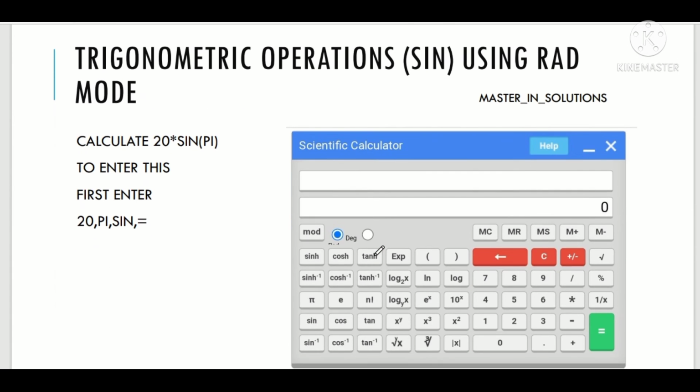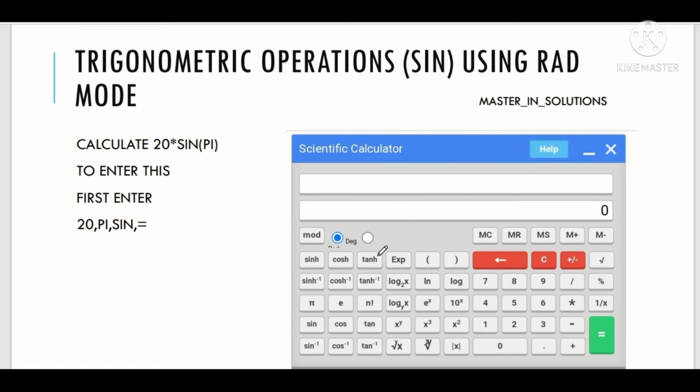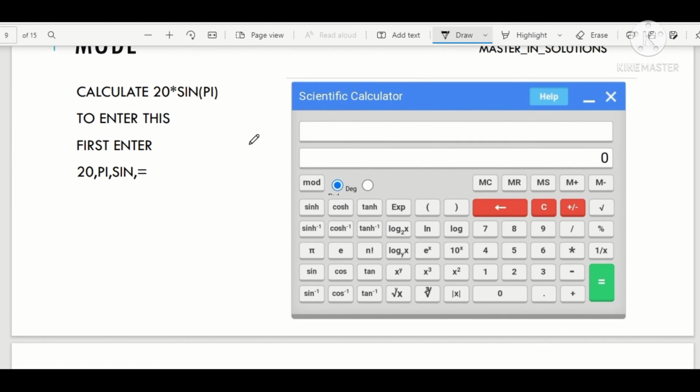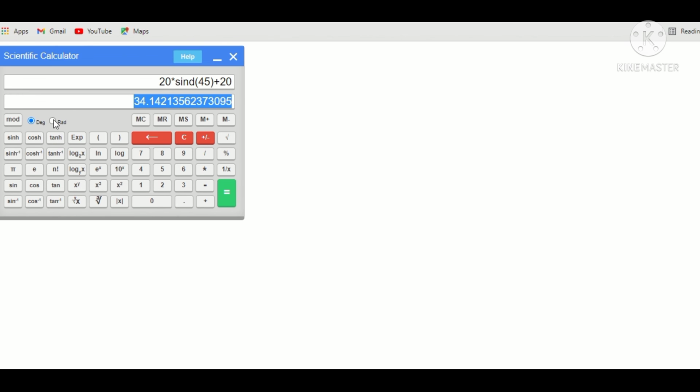And when I use these in rad mode, let me explain this. If I place rad mode, I will clear all this, and the same value, 20 into sine 45.